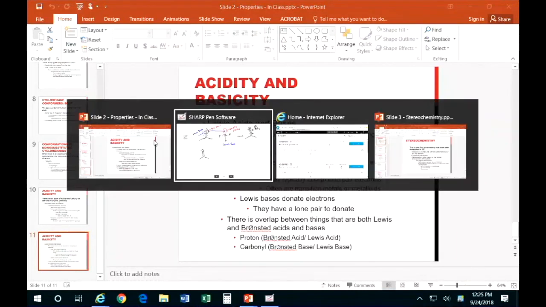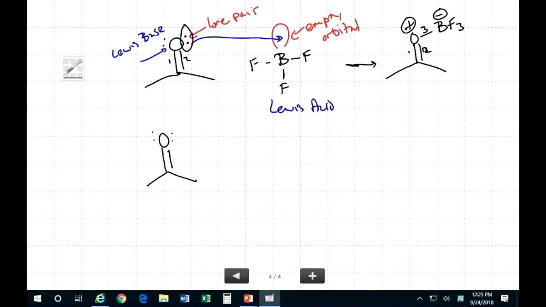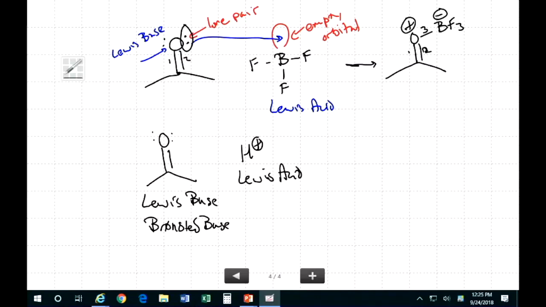So a carbonyl is a Lewis base and a Bronsted base, and a proton is a Lewis acid and a Bronsted acid.